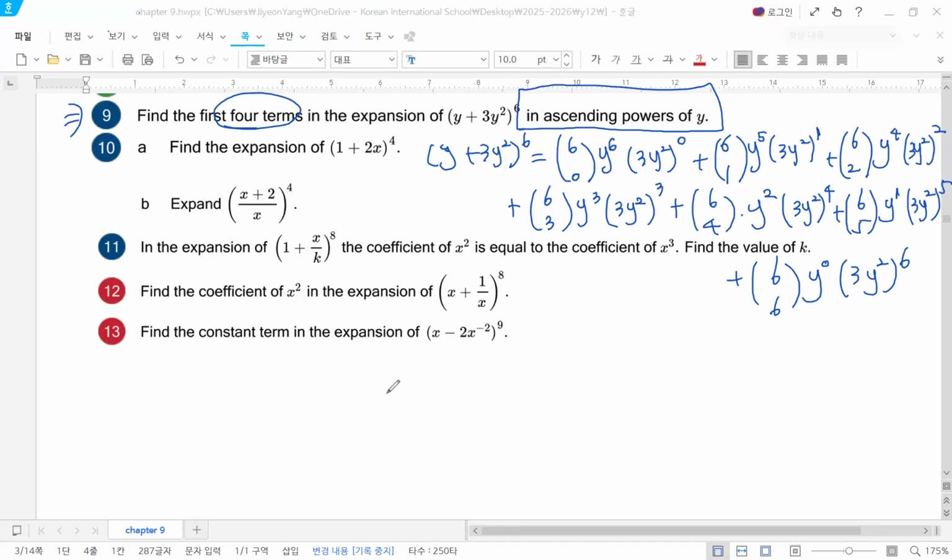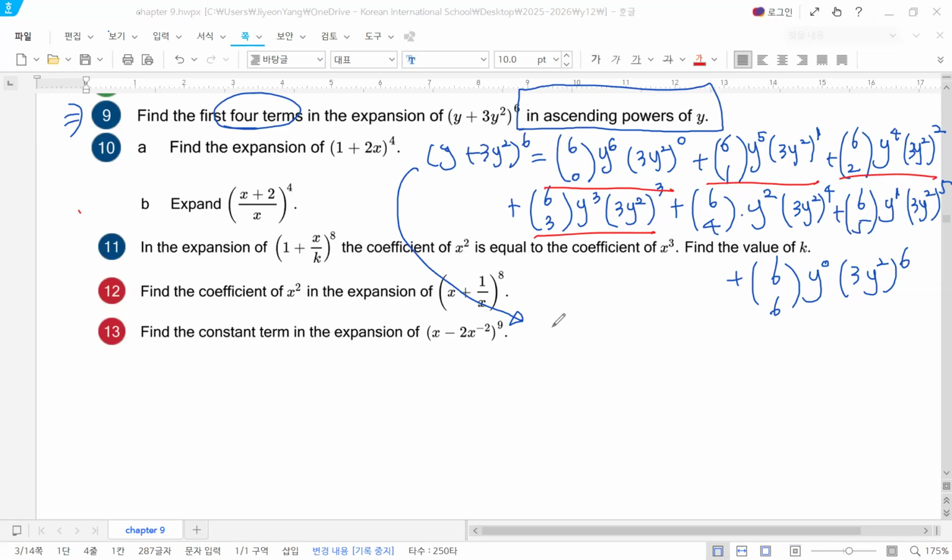Therefore, 1, 2, 3, and 4. So what is 6C0?